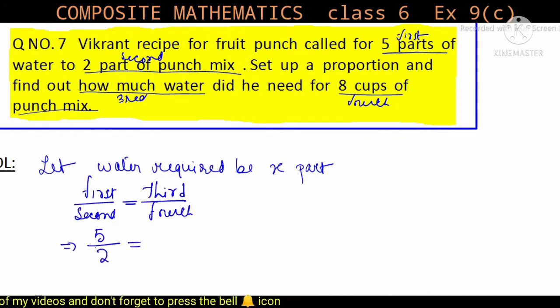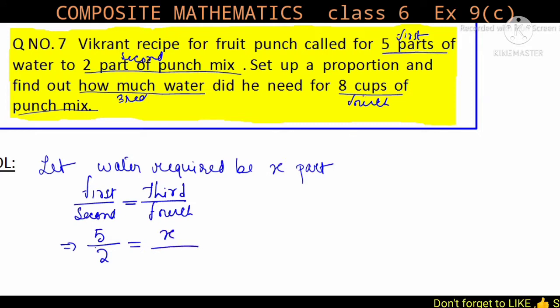Then third part, we have already considered how much water is required. Sorry, water we have considered as the third part, so we have considered water as x, and we will put here x in place of the third part. The fourth part is 8 cups of punch mix, so we will put here 8.